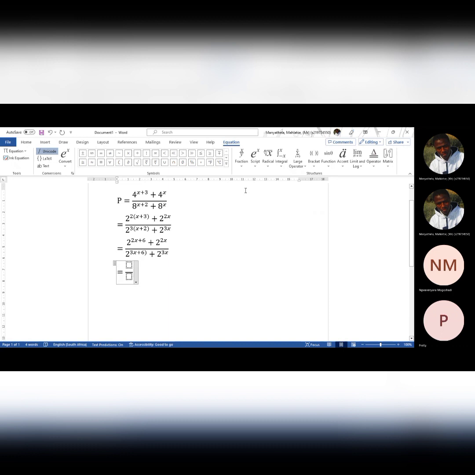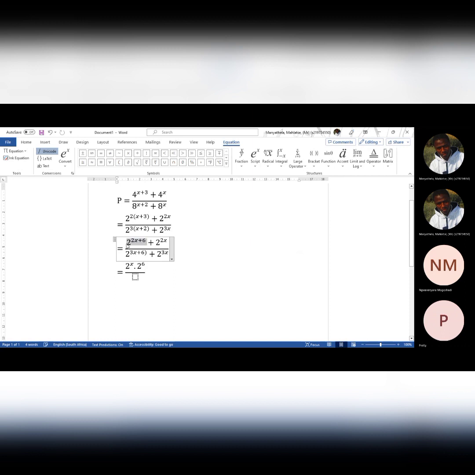So the next step: 2 to the exponent 2x. Let me break it down first. 3 is the same as 2 to the exponent x times 2 to the exponent 6, which is 2 to the exponent x, and above we have 2 to the exponent 2x plus 6.